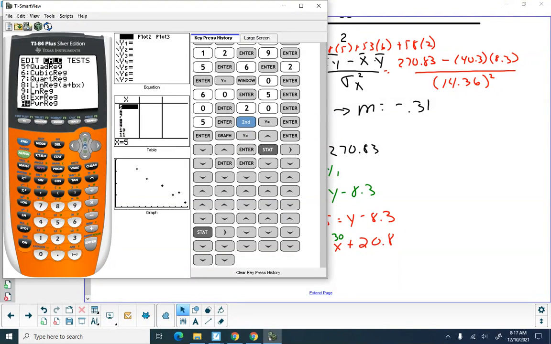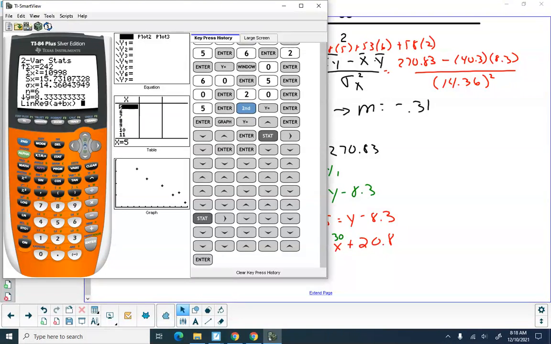Your calculator will also deal with calculations of this. Let's go to our linear regression and hit enter. Now, the newer fancy calculators will ask for a bunch of different things. It will ask you for what list you're dealing with, which our x variable is L1, our y variable is L2.